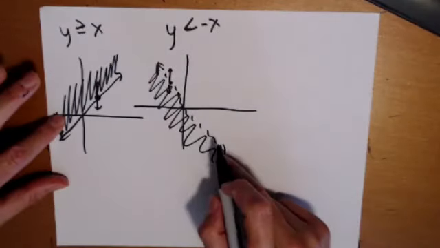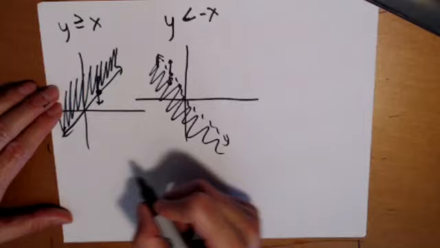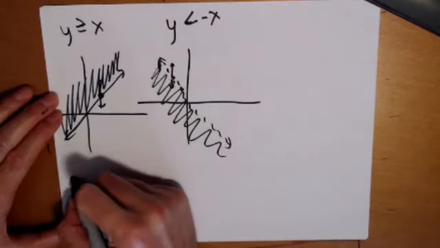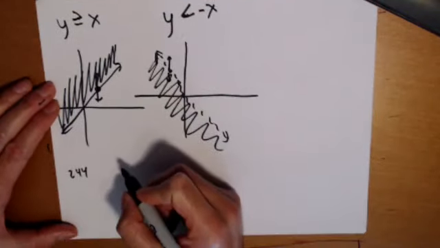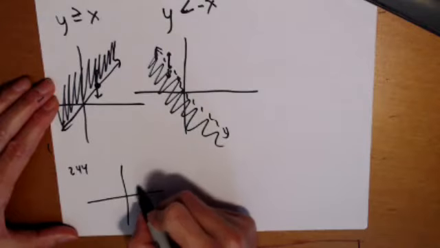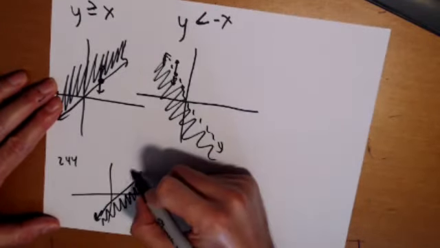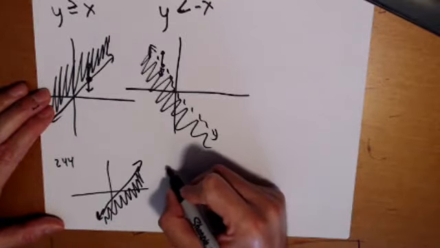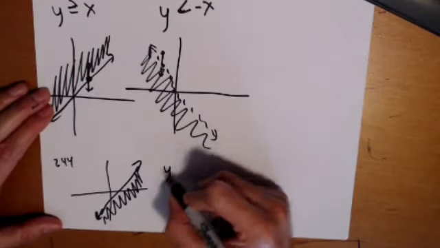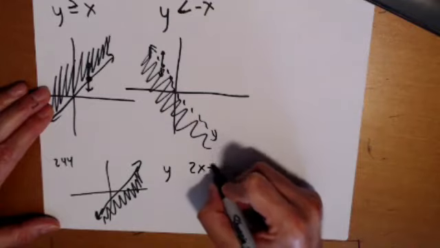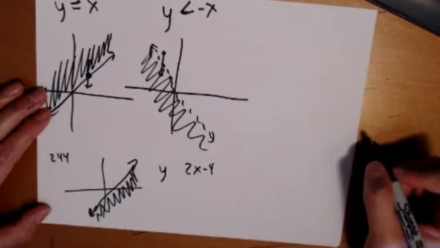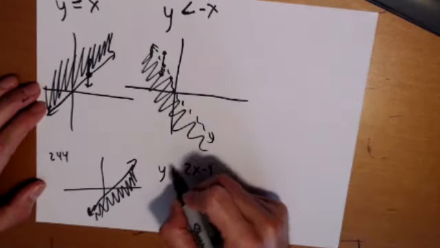If you can visualize that, it's going to make the game really easy. So in 244, they have a picture that looks something like this, and they ask you to write the inequality. So it's y, and then it's 2x minus 4. Is it greater than or less than?